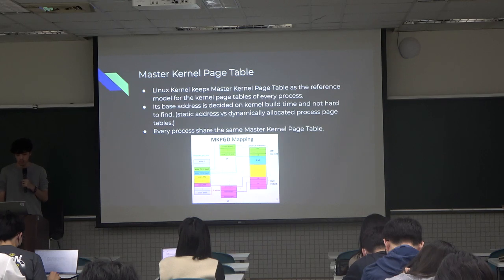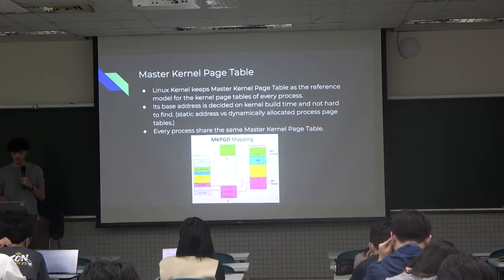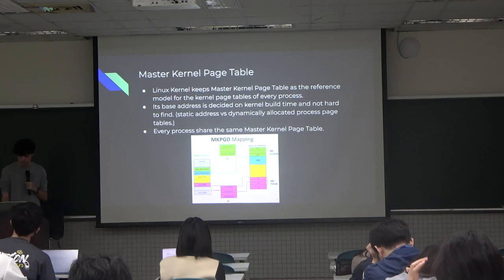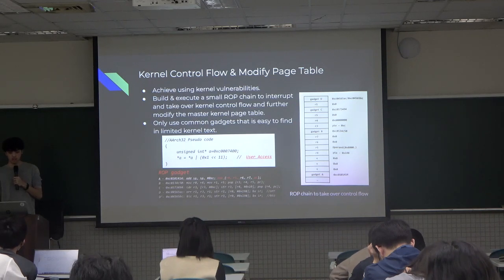And the master kernel page table address is decided at kernel build time, and it is not hard to find. It is a static address, versus the normal page table for every process, which is a dynamically allocated process page table. So it is a lot easier to find than the normal process page table. The next step is to take over the kernel control flow and modify the page table.